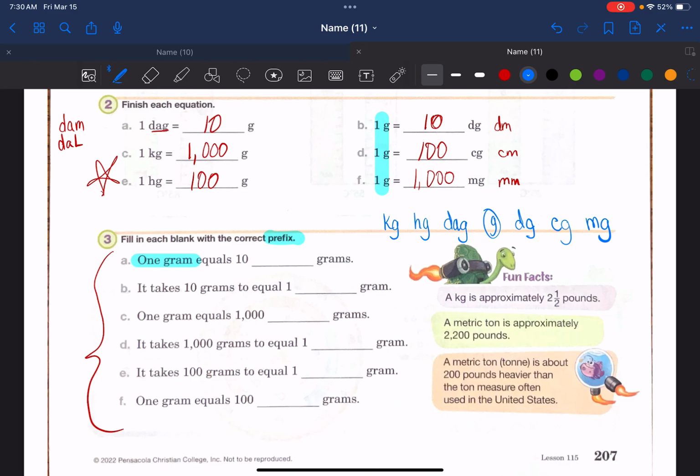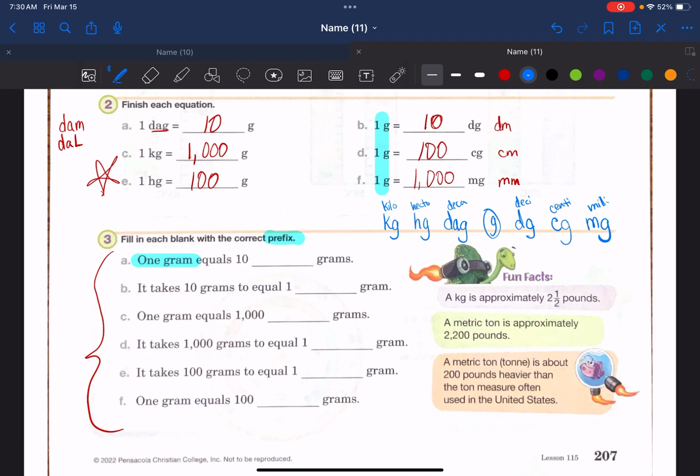So these are the abbreviations, but you're going to put the words. I'm sorry, I should have put the words. The words for this one would be kilo, hecto, deca, deci, centi, and milli.